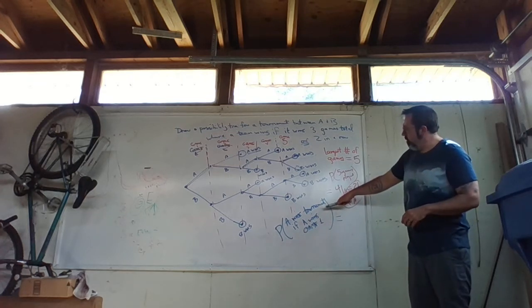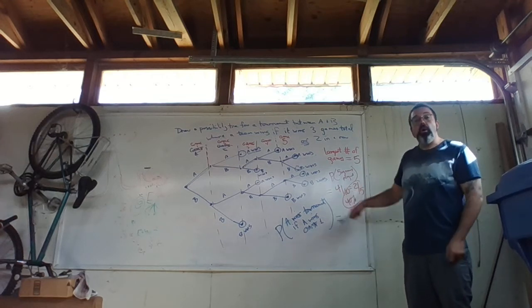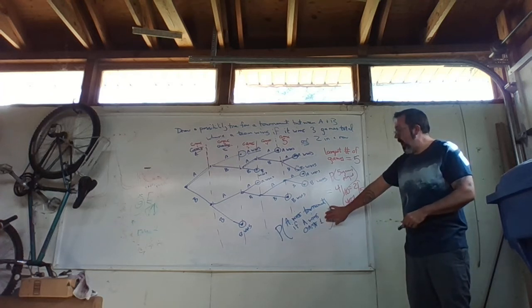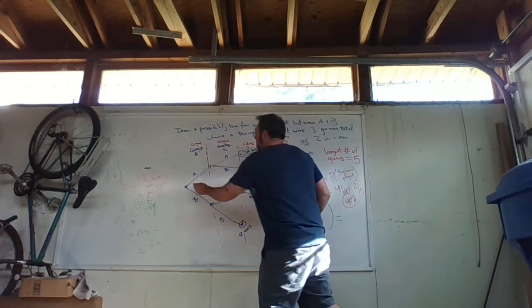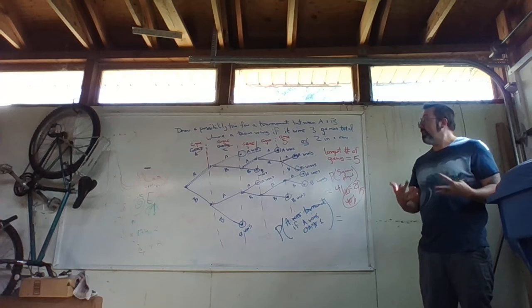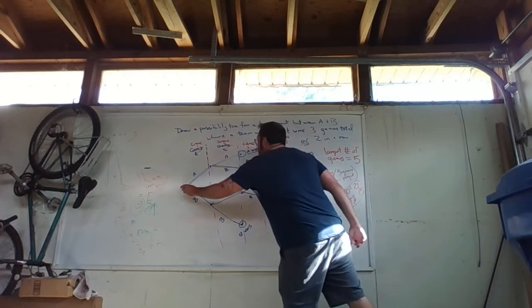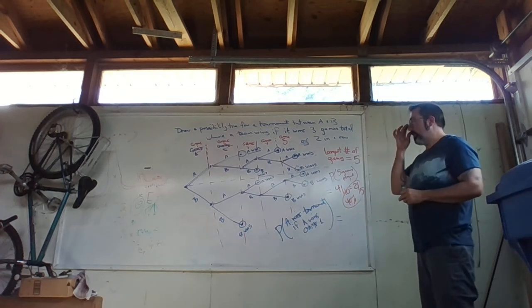But if we want to know what the probability is that A wins the tournament given that they win game 1, we look at all of the outcomes that involve A winning game 1, and that would be everything along this first branch. Look at all the possible outcomes. Our sample space is when A wins game 1. So we're really just confining ourselves to the top half of this chart, this possibility tree.